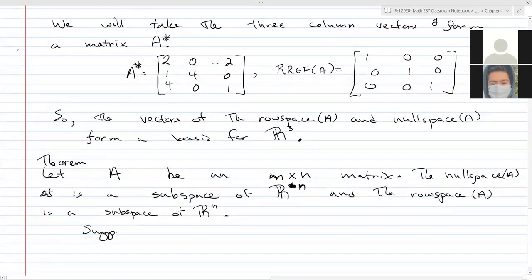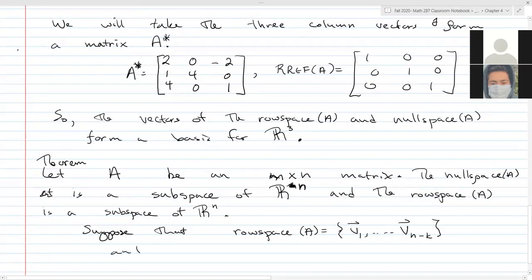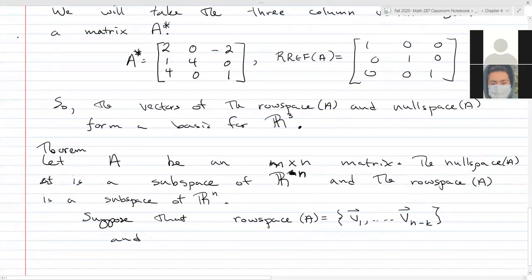Okay, suppose that the row space of A equals span of V1 to Vn minus k, and the null space of A equals span of Vn minus k plus 1 all the way up to Vn, all right?